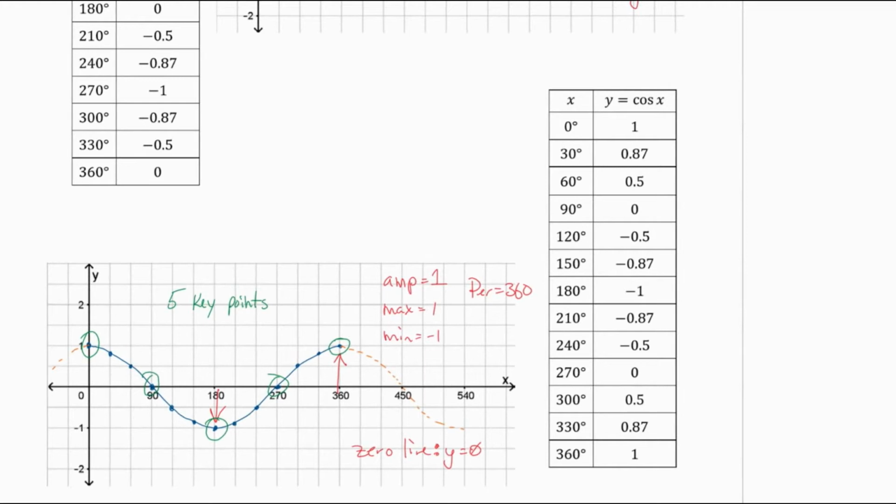Now, I am going to talk about the equation a little bit here, and this is where we're going to go for the rest of this lesson.